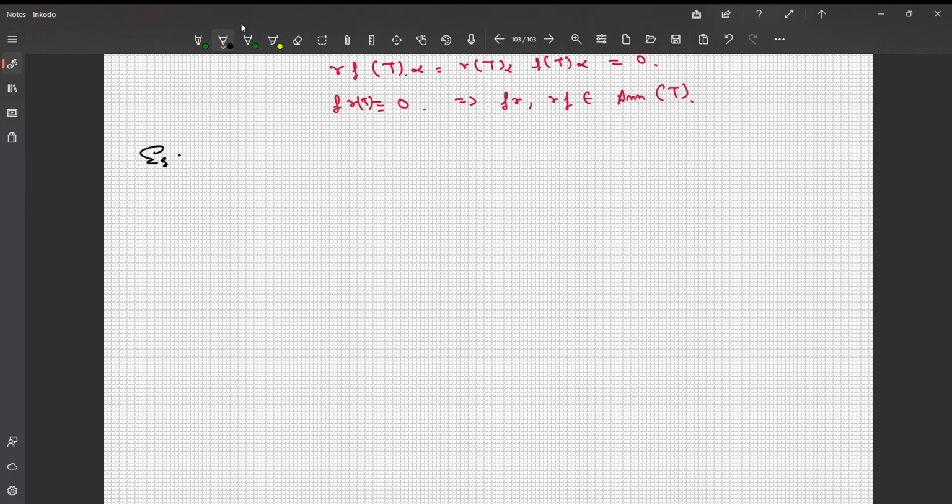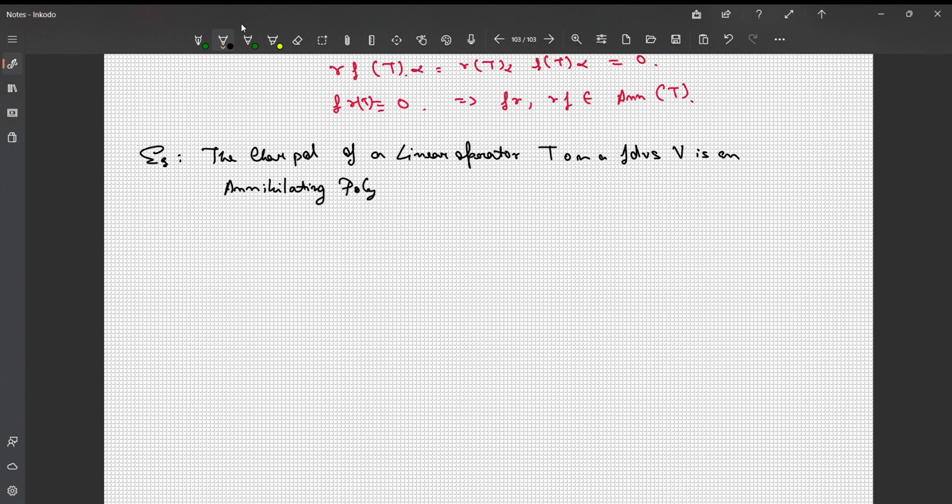Example: the characteristic polynomial of a linear operator T on a finite dimensional vector space V is an annihilating polynomial of T, and this is actually a theorem called the Cayley-Hamilton theorem.